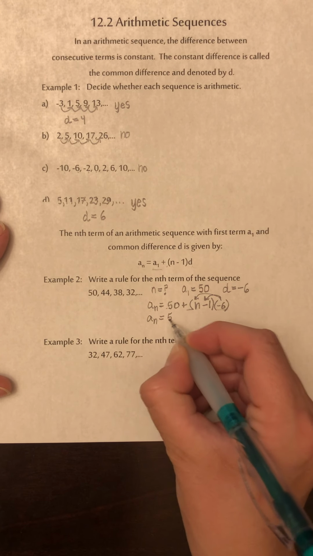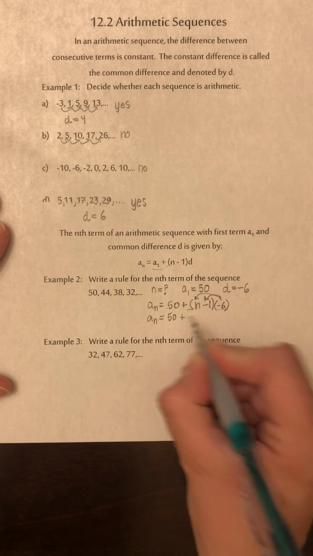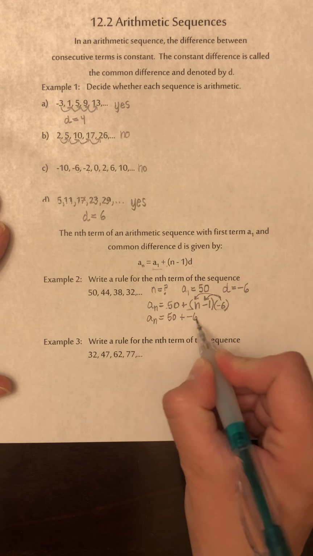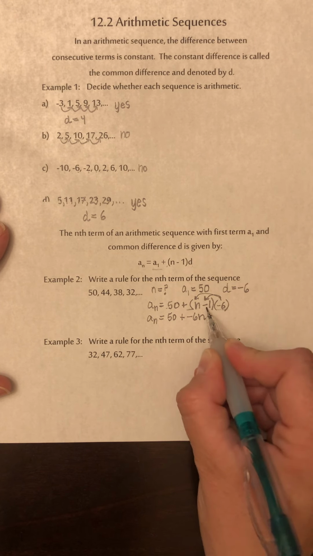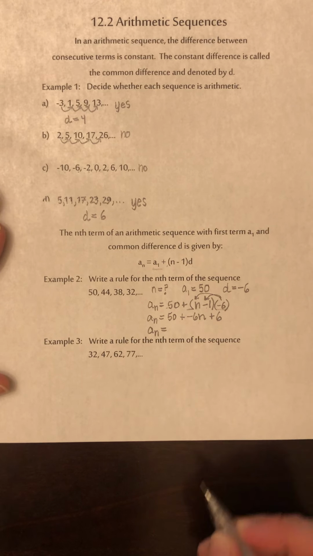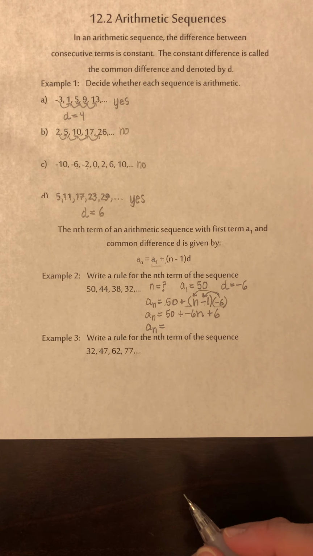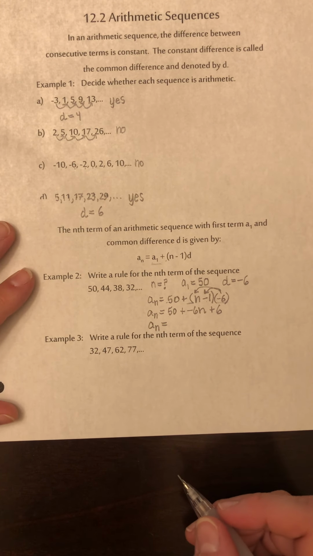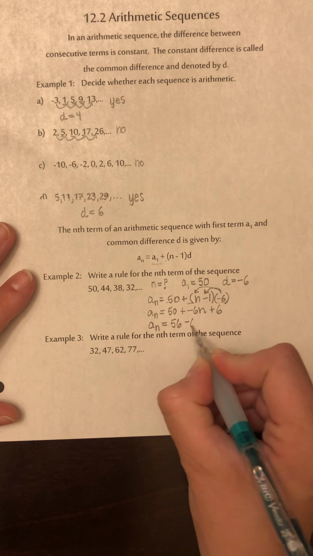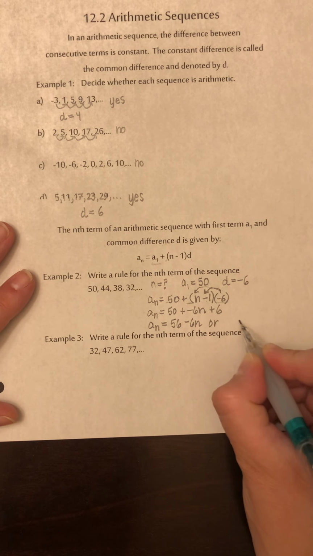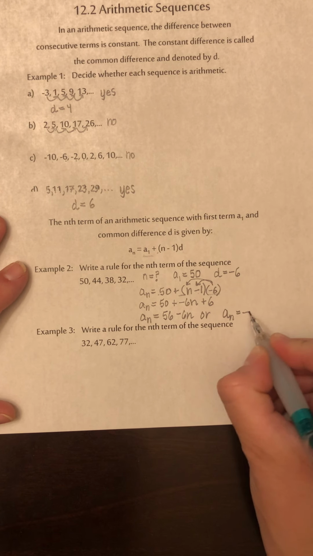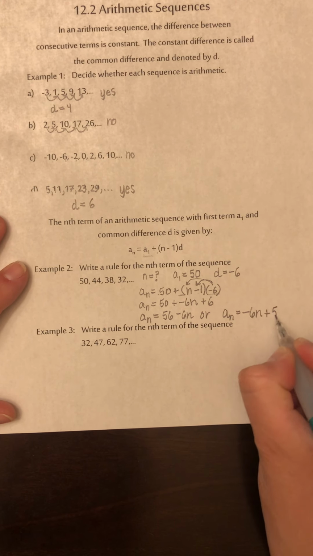All right, so we have 50 plus, now we're going to distribute that -6. So -6 times n is -6n, and -6 times -1 is +6. Now we can combine like terms. It doesn't really matter what order you put it in. 50 plus 6 is 56, and then -6n, or if you want to write it in descending order according to the exponents, then you could write -6n plus 56.